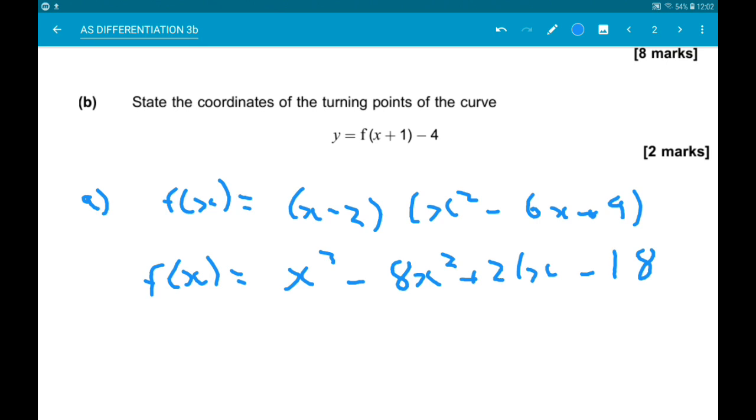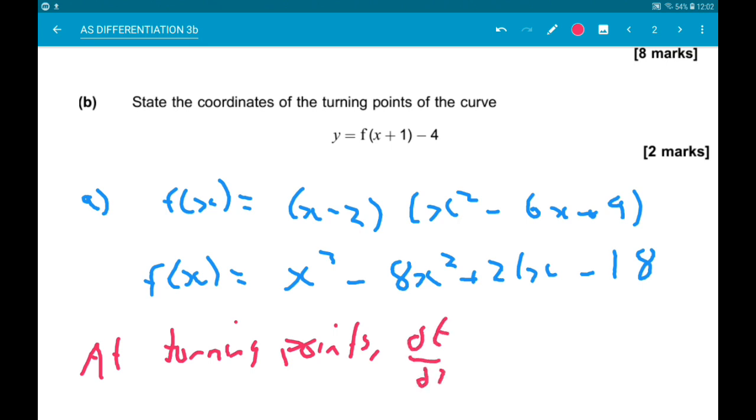A good next step to take would be to say that at turning points the gradient is equal to 0. So we should write down at turning points df by dx is equal to 0. And you would get a mark for writing that down.